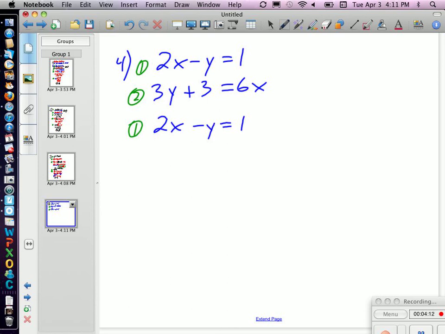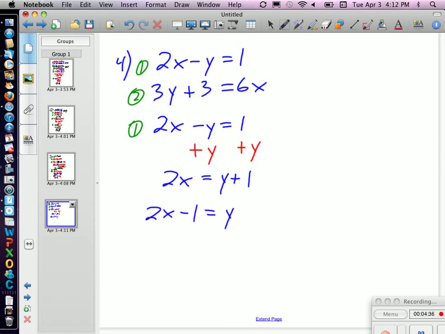Actually, let me do this out because I've seen some of you making mistakes by trying to do too much in your head here. So I'm going to add y to both sides. That leaves us with 2x equals y plus 1. Now we can subtract 1 from both sides. 2x minus 1 equals y. Now we are solved for y.